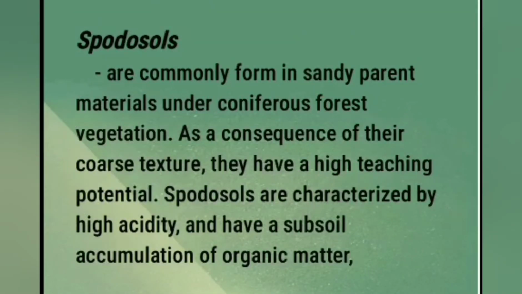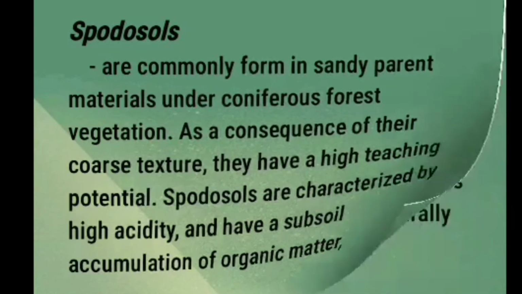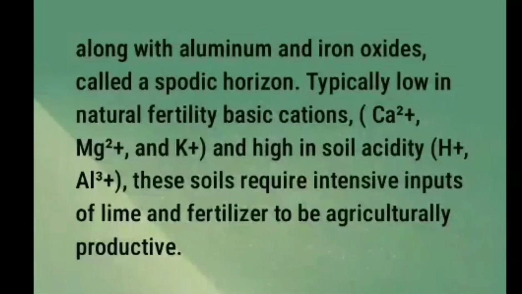Next are the spodosols. Spodosols are commonly formed in sandy parent materials under coniferous forest vegetation. As a consequence of their coarse texture, they have a high leaching potential. Spodosols are characterized by high acidity and have a subsoil accumulation of organic matter, along with aluminum and iron oxides, called a spodic horizon.